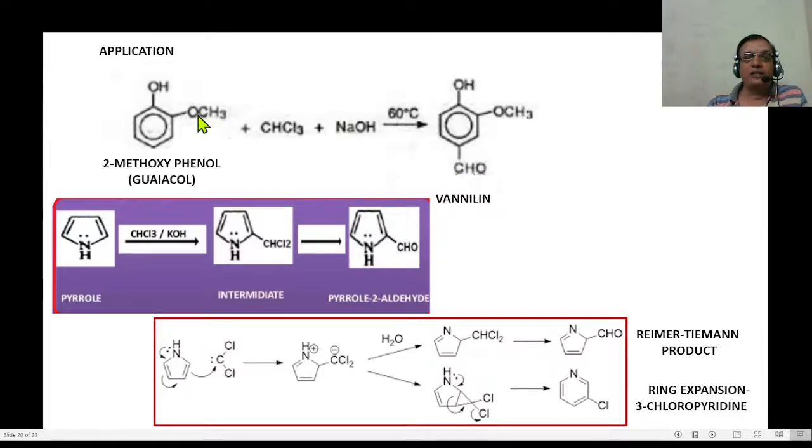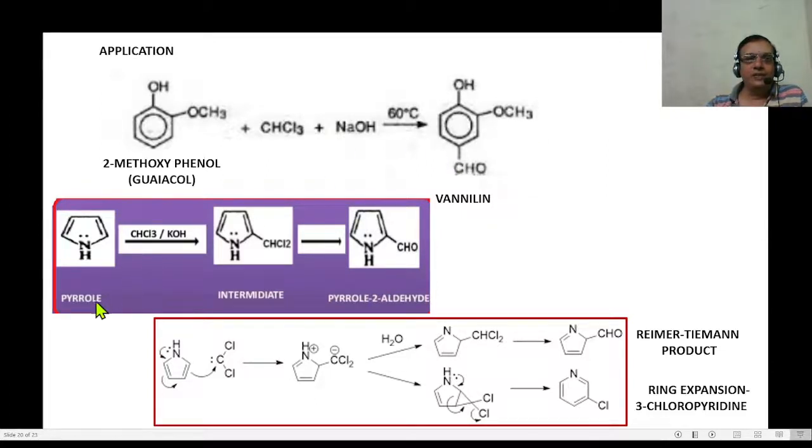Because the ortho position is blocked, due to the bulkiness this ortho product cannot be formed. So there is a free position at the para position, and the para product can be formed. Vanillin is already well known to you from vanilla flavor, which has been explained in the previous videos, in the formulation videos.